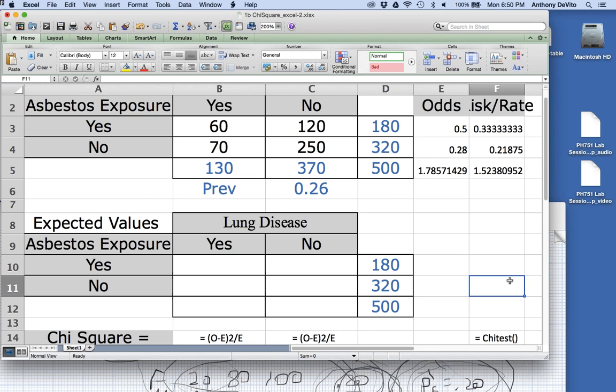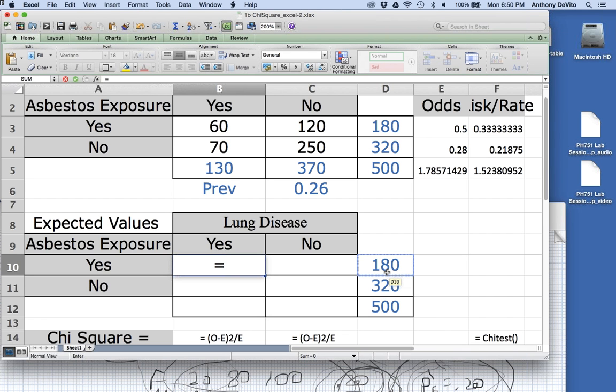This table is going to represent if in fact there's no difference between asbestos exposure and no asbestos exposure, there's no association, right? Then what would I have expected this table to look like? So if we have 180 people chosen at random from this population, and there's no association between asbestos exposure and lung disease, how many people out of 180 would we expect to have lung disease?